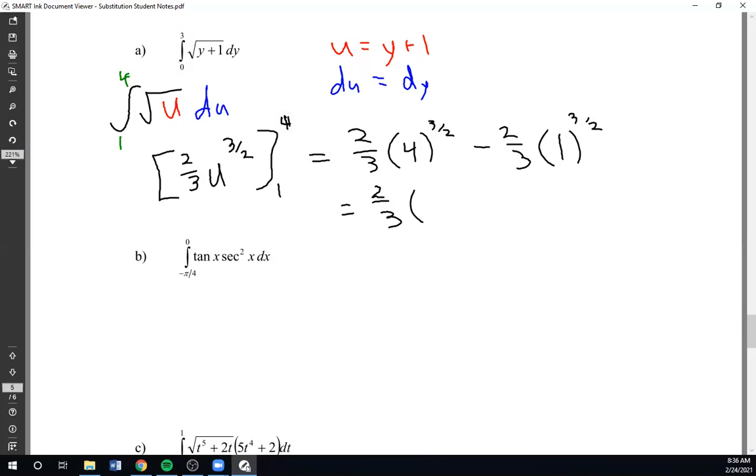So square root of 4 is 2, cubed is 8, minus 2/3. 1 to the 3/2 is 1. So 2/3 times 8 is 16/3 minus 2/3 is going to be 14 over 3. Is my answer. Good? All right.